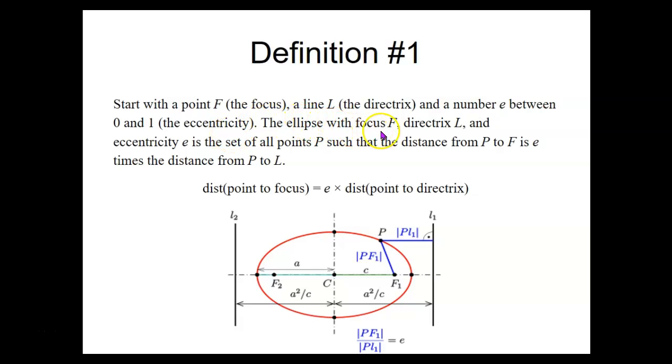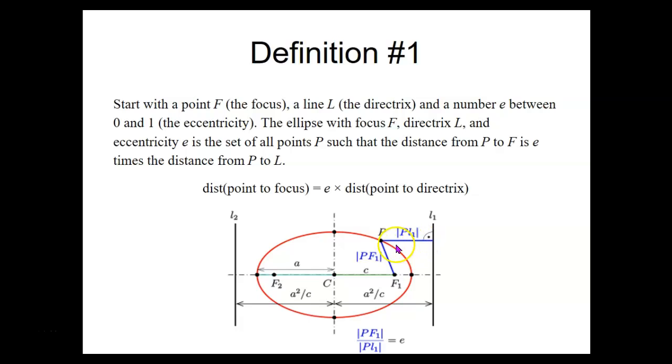Then the ellipse with that particular focus, directrix, and eccentricity is the set of all points P such that the distance from P to F is equal to E times the distance from P to L.